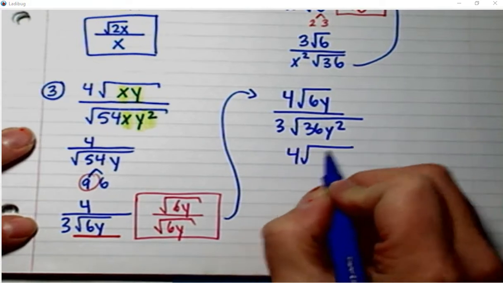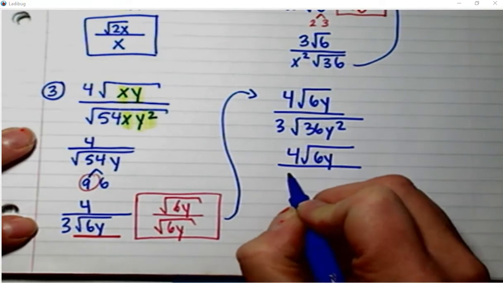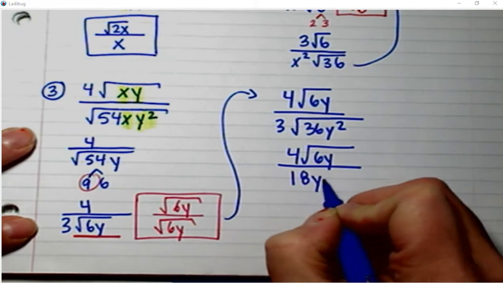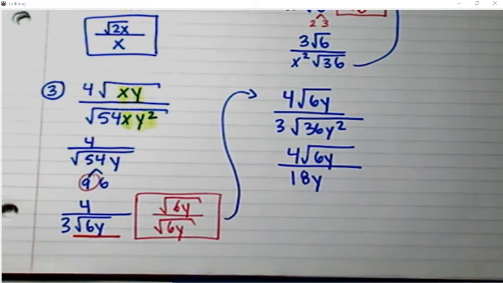4 root 6y over 18y. Now, I've written one tedious step, one extra step. I know you have to simplify it after. Yeah, you do.